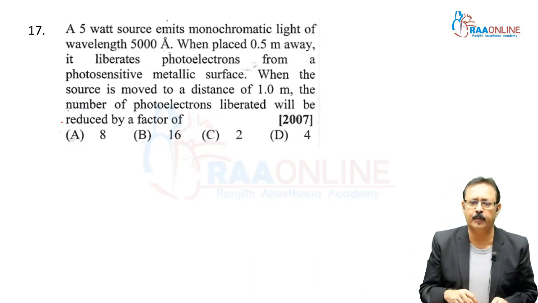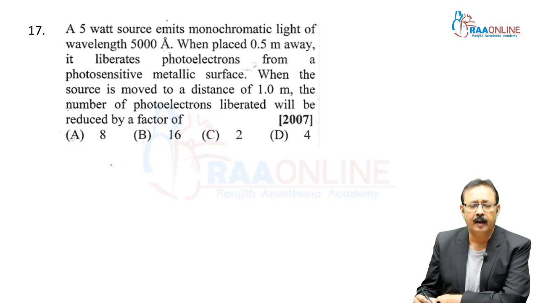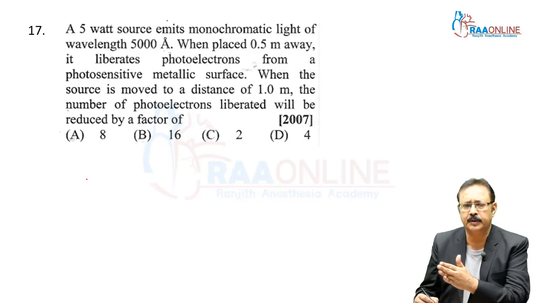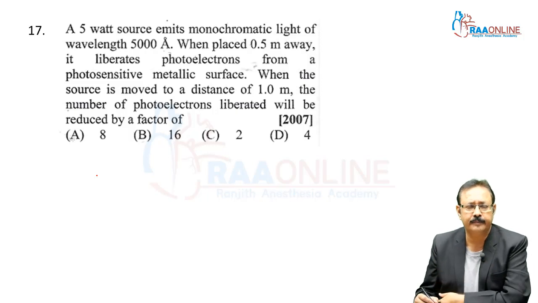They asked this problem in 2007 AIPMT. We have a 5-watt source throwing light of 5000 angstrom, placed 0.5 meter away. Now the same source we are putting at a distance of 1 meter.